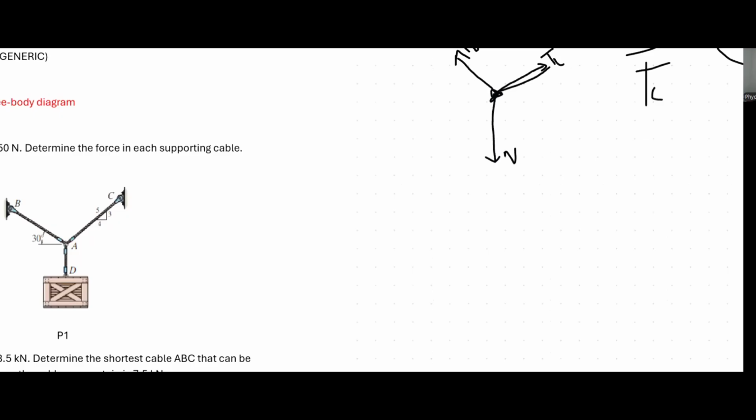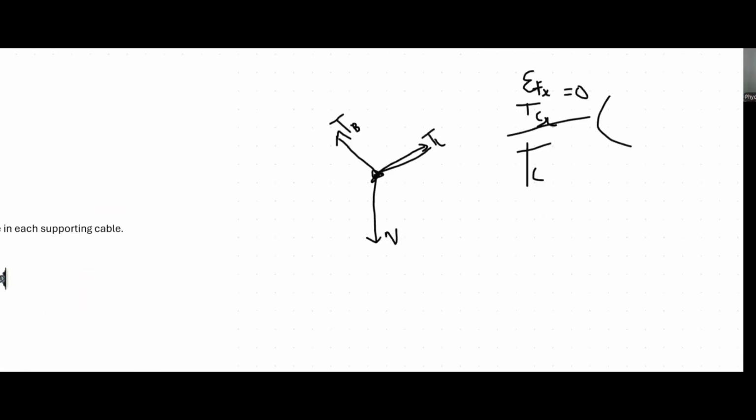Like we are going to say TCX is equal to adjacent over hypotenuse, like cos. So we are going to say it's equal to 4 over 5, and then we close the bracket.